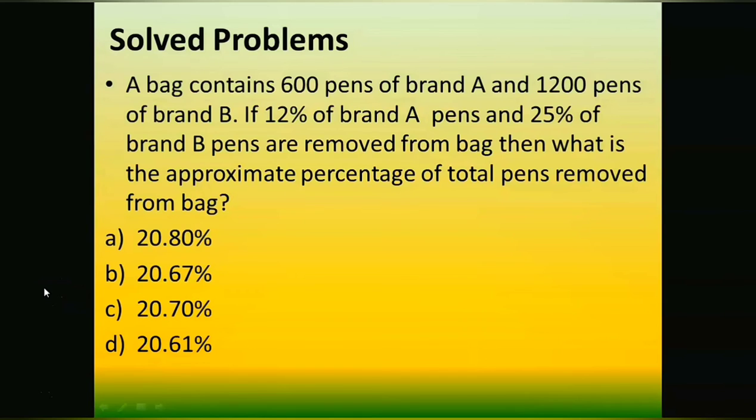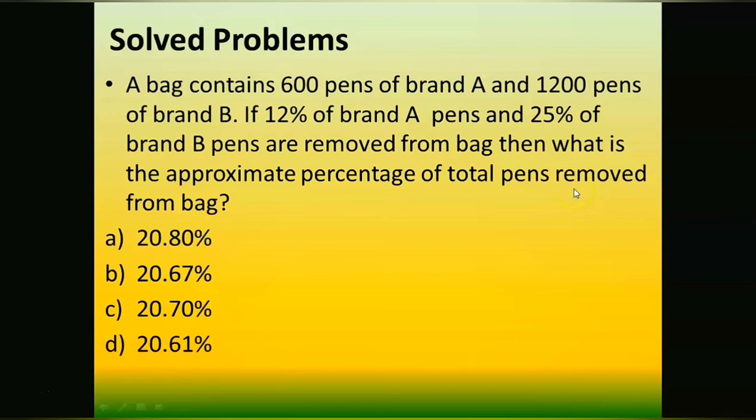Now we shall see some solved problems on the topic percentage. A bag contains 600 pens of brand A and 1200 pens of brand B. If 12% of brand A pens and 25% of brand B pens are removed from the bag, then what is the approximate percentage of total pens removed from the bag?